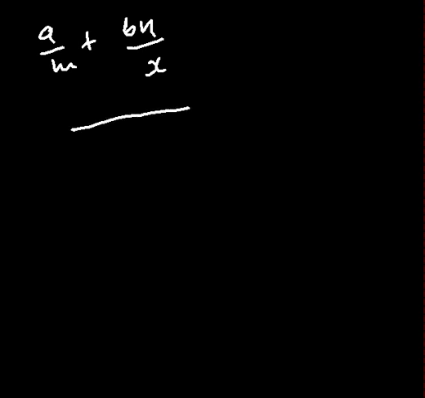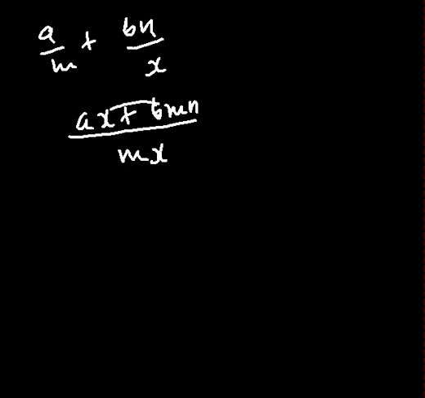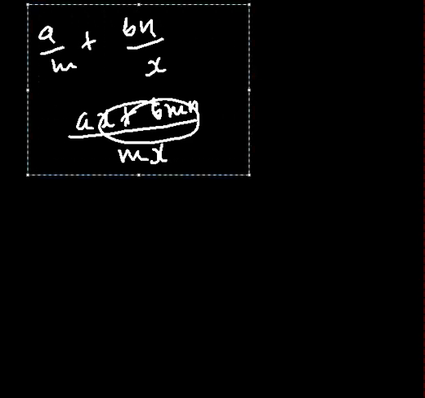We'll have it as mx. So what is x into mx? We have it as m, and m times 6n, that is 6mn, and m into mx, that is x, and x times a, we have it as ax, and the plus here. Now these are unlike terms, it will end there.